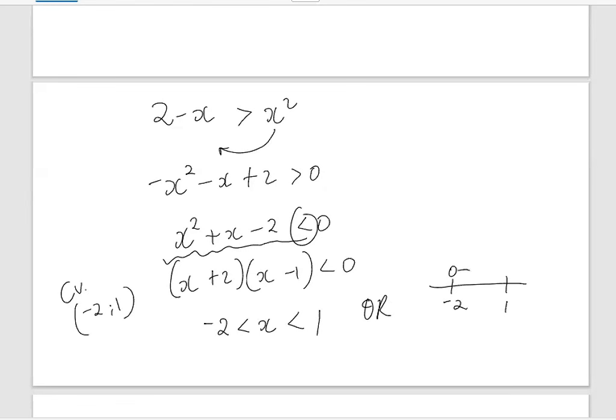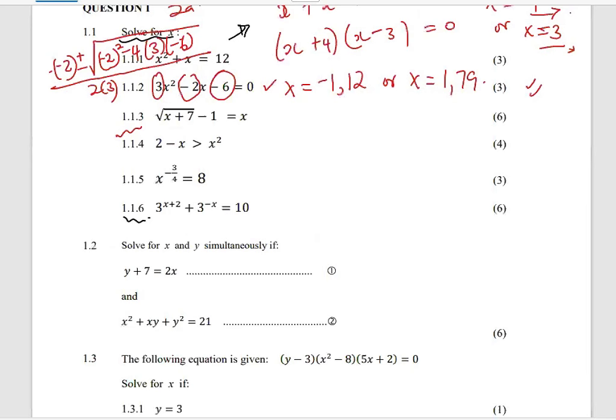And then you just connect it like that. Okay. Or someone can still draw a parabola. Okay, so in this case, it's going to be a parabola like that. And then it's a negative 2. This is a 1. And then we shade off that bottom part. All right, so that is how that question would have been answered.